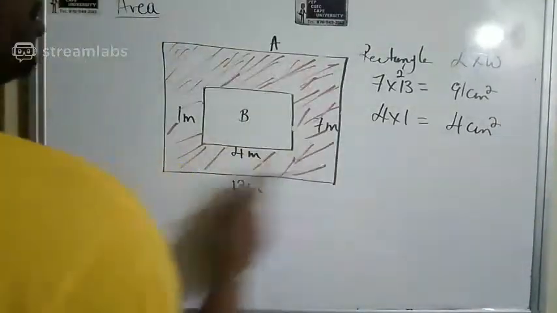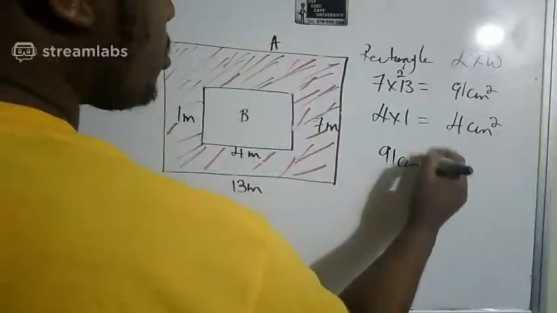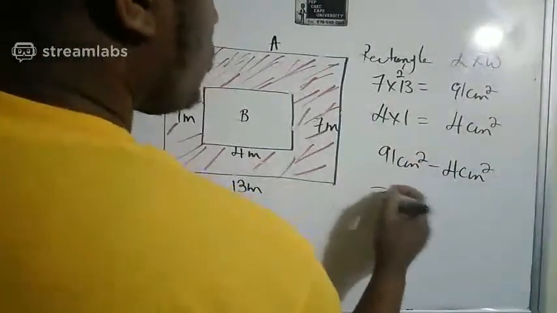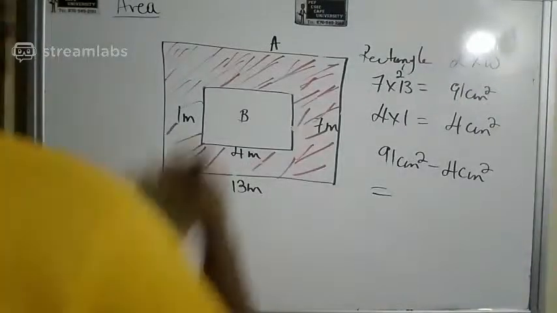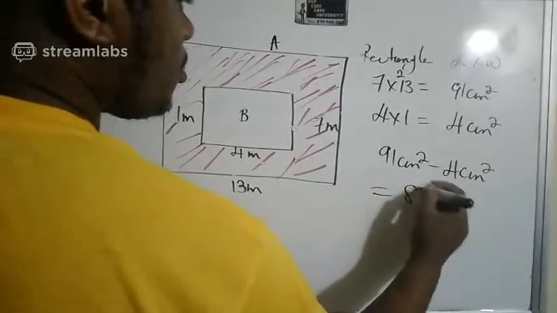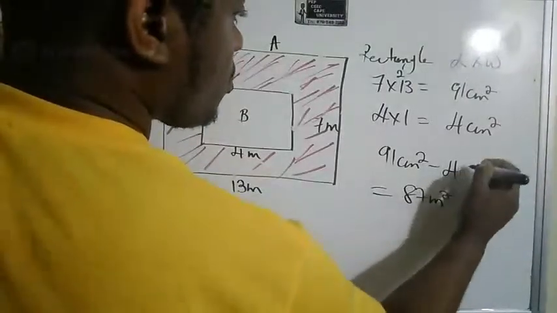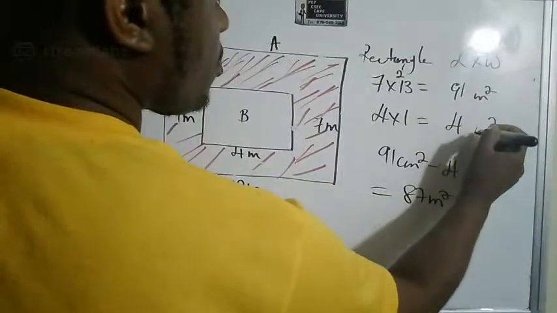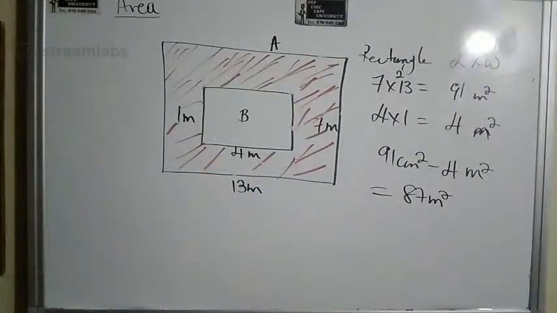So the area of the shaded region would be 91 centimeters square minus 4 centimeters square, and that gives us 87. So the unit, guys, is meters actually. The unit was meters given. My bad. So it would be 87 meters.